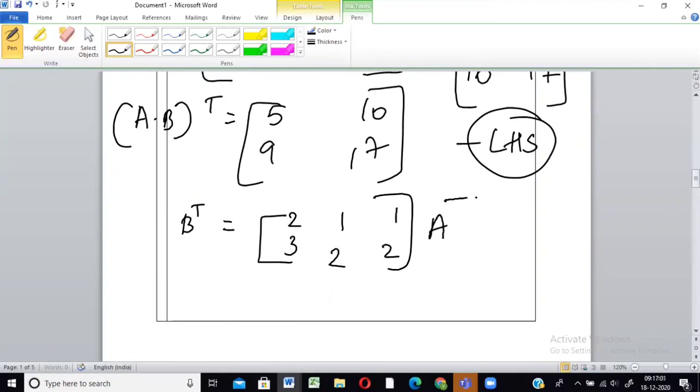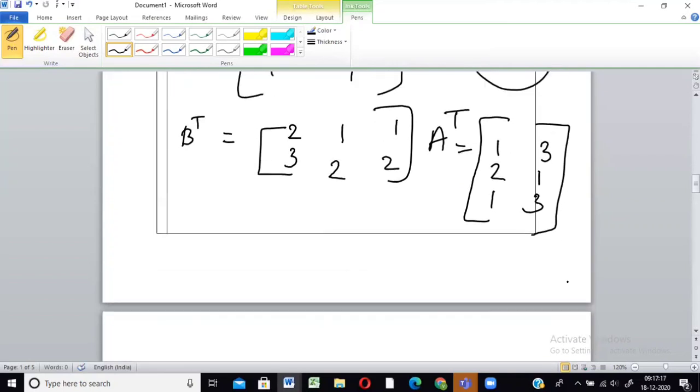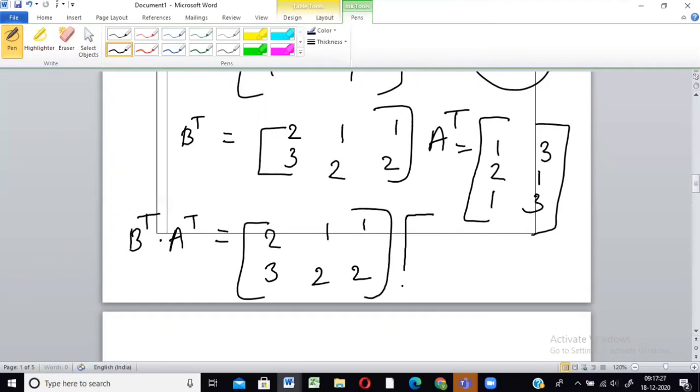And A transpose is nothing but 1, 2, 1. A had 1, 2, 1 like this, so now I'm writing it like this. Then 3, 1, 3 was below in the second row, so I'm writing it as the second column. Now B transpose into A transpose. We're going to multiply these two. 2, 3, 1, 2, 1, 2. 1, 2, 1, 3, 1, 3.